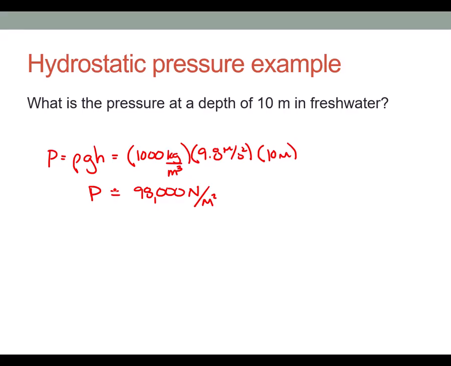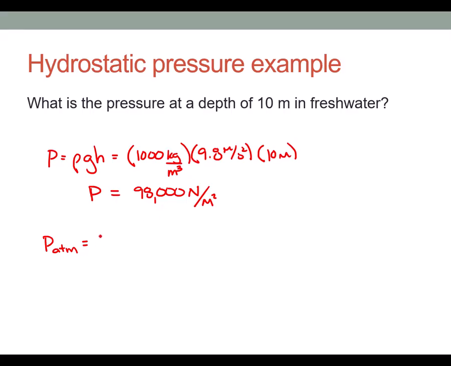Now, that seems like a lot, and I'm not going to disagree that it is a good bit, but what you really need is a contrast. Atmospheric pressure. What pressure do I have on me sitting here at the surface of the earth due to all the air that is above me, right?